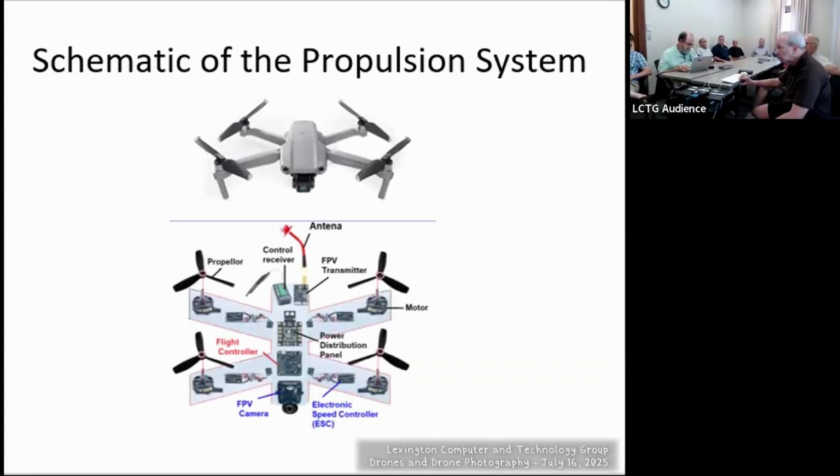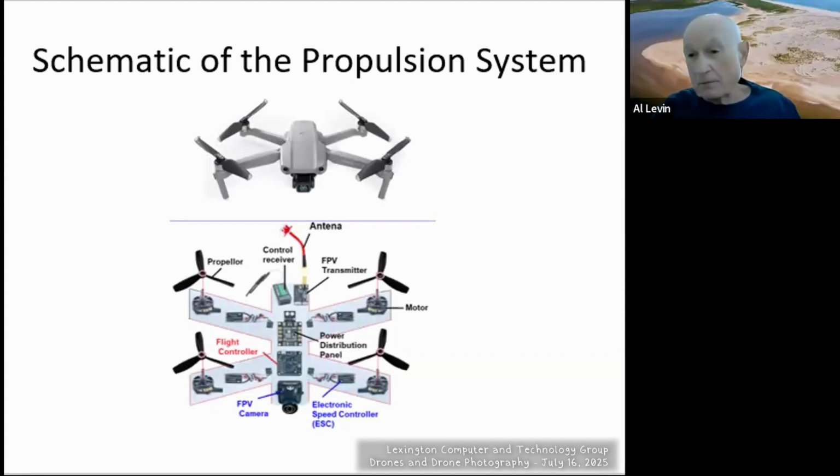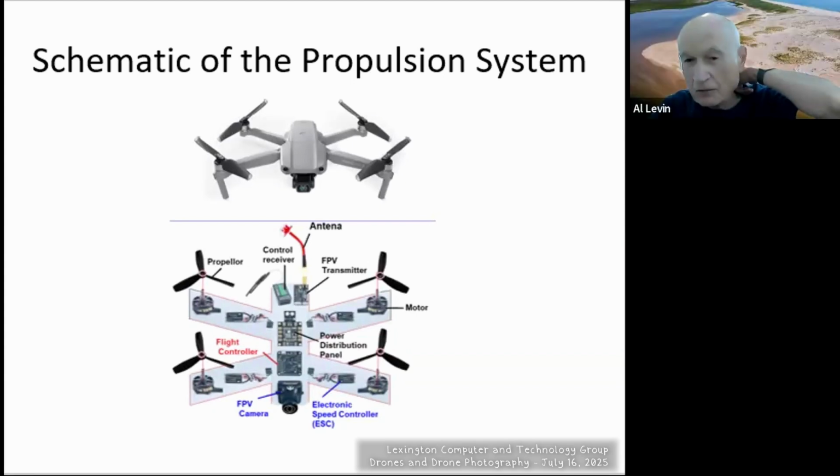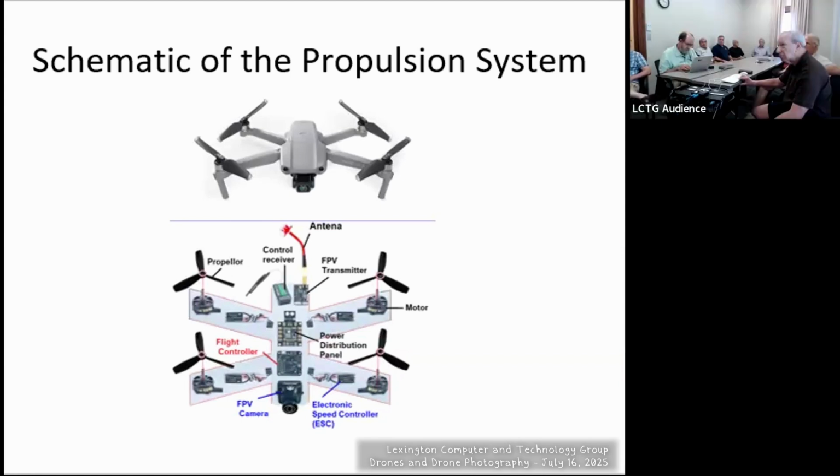Basically it's falling because there's not enough thrust pulling it up to counteract the weight of the vehicle. How does it work when it's hovering? When it hovers, it has calibrated the rotational speed of the propellers to balance gravity.